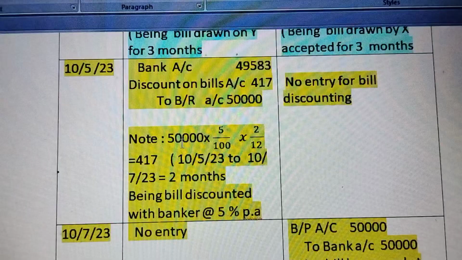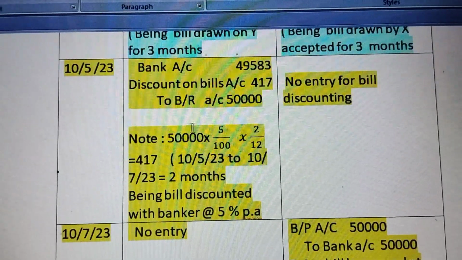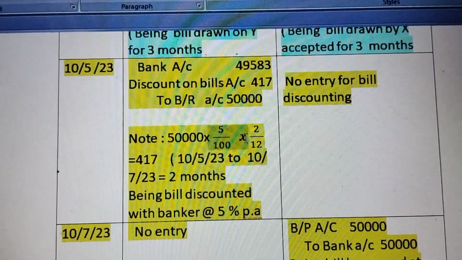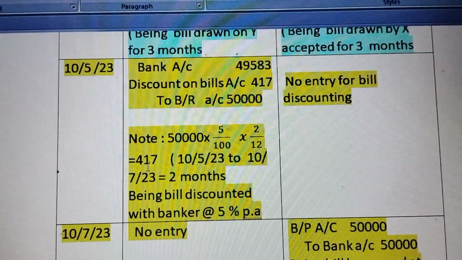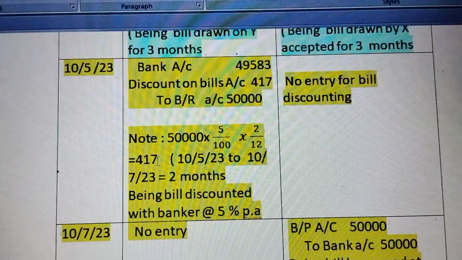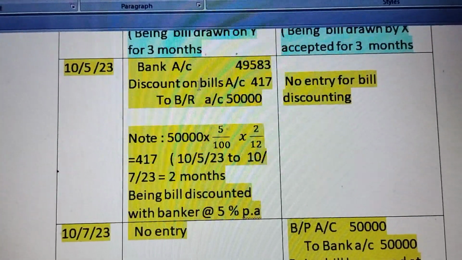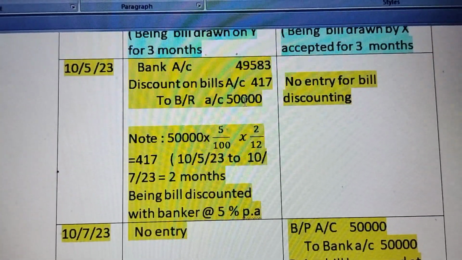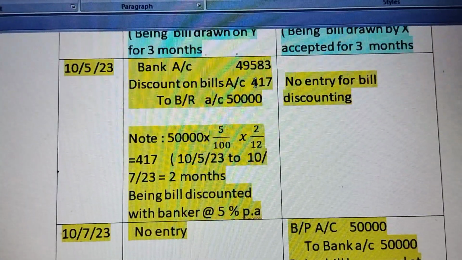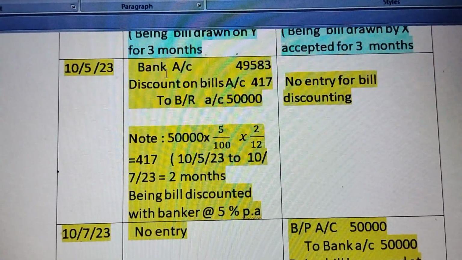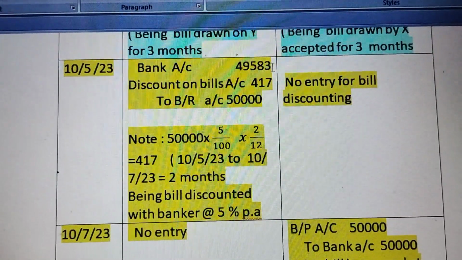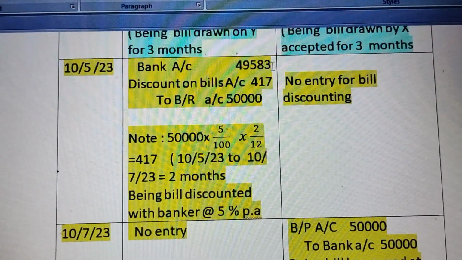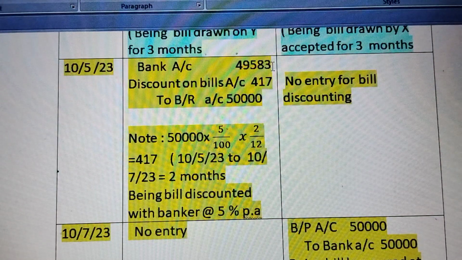So 50,000 into 5 by 100 gives you the annual discount of 2,500. Since we want 2 months, it should be multiplied by 2 by 12. So altogether you will get 416.67, approximately 417. Out of 50,000, if the bank deducts 417, the bank account will be debited by 49,583. So this is the entry for the bill discounted.